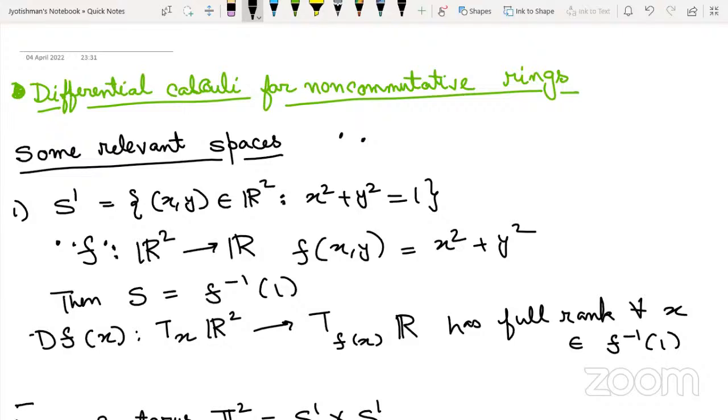This is the reason why the circle is nice. Here, T_x is the tangent space at the point x.